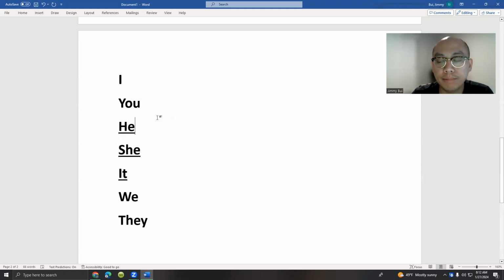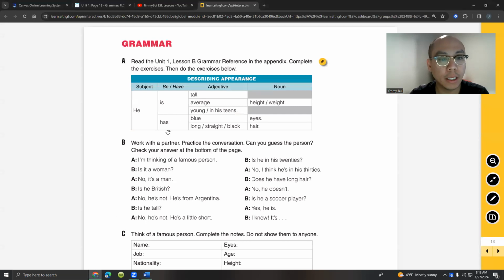And of course, we don't always use pronouns or subject pronouns, right? They don't have to be pronouns. But if we were to convert them to pronouns and they are subject pronouns, third person singular, then we use has. Okay, so in our book here: he has blue eyes, he has long, straight black hair.